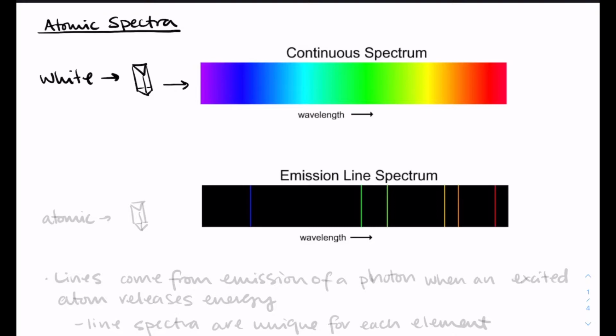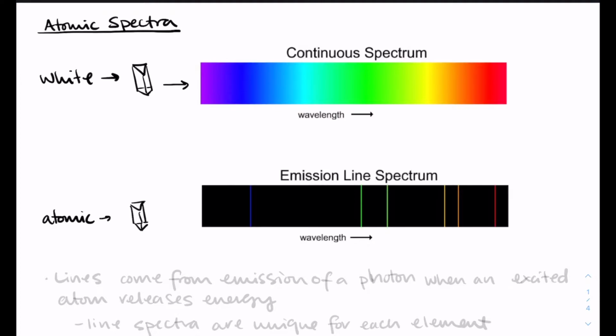When light is put through a prism, it gets bent in a specific way, and this is why we're seeing the continuous spectrum. If instead you have a light source that's atomic, so think something like a neon sign, a tube usually that's under vacuum, which means there's absolutely nothing in it but the neon.